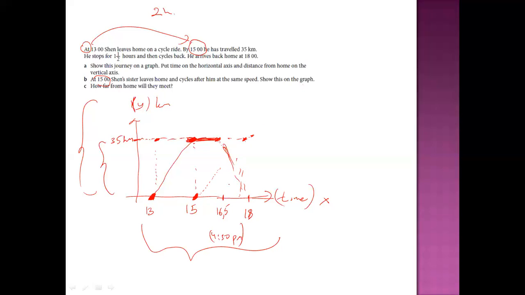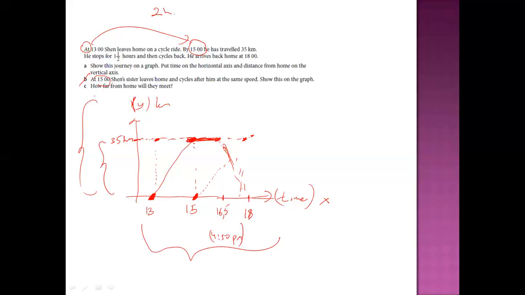Show this on the graph. So this one is Shan's sister, this one is Shan himself, and the journey takes the same time and the distance is the same, 35 km.